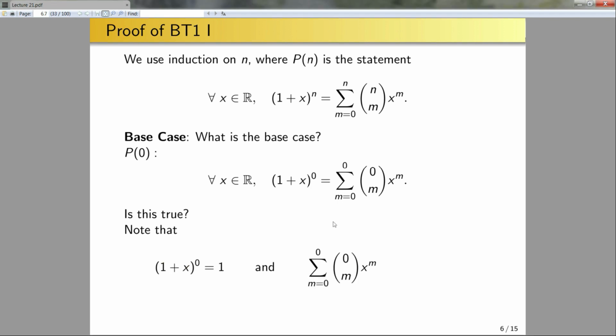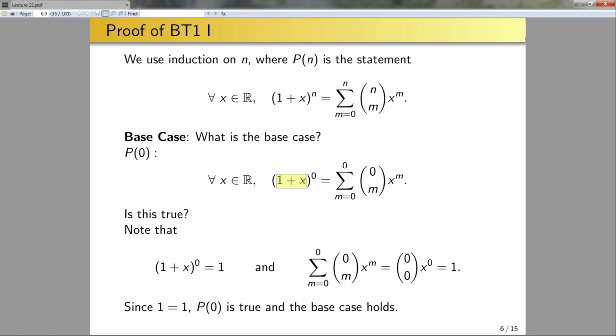And on the other side, I have the sum from m equals 0 to 0 of this thing. Well, the sum is simply 0 choose 0 times x to the 0, and all of this, again, will be 1. You could say, what if x is 0? And again, it works in that case. So since 1 is equal to 1, p of 0 is true, and the base case holds.